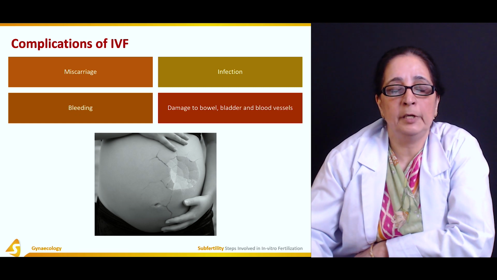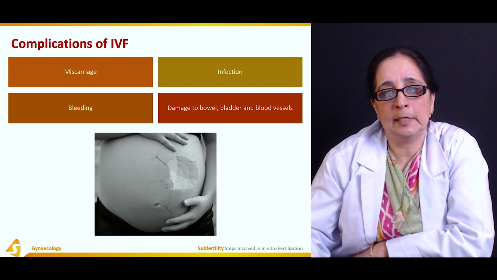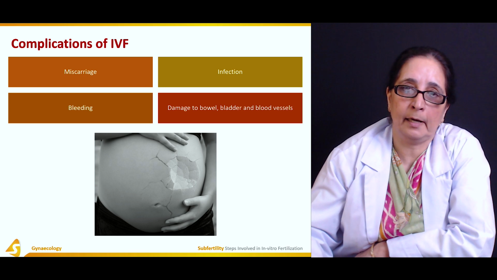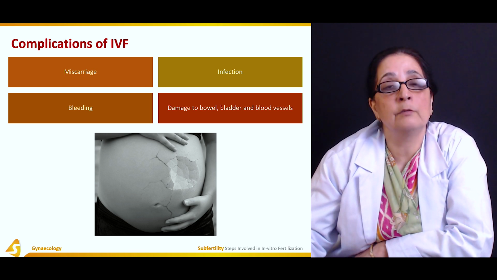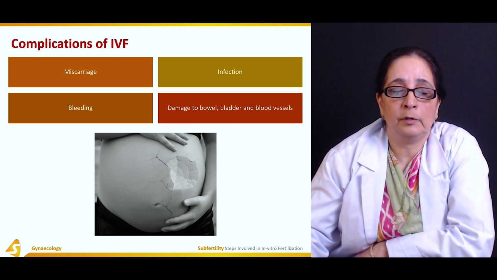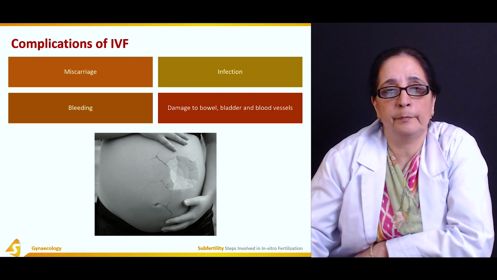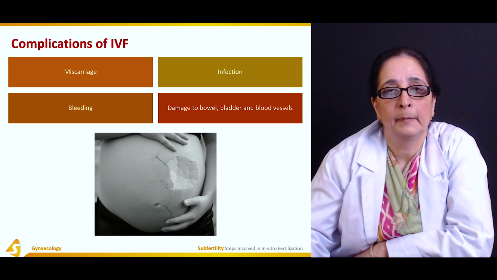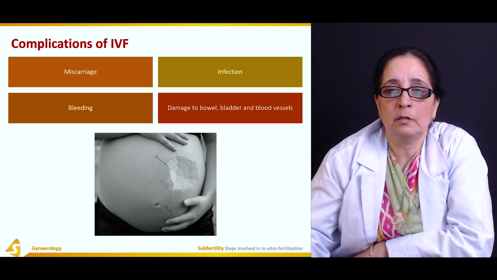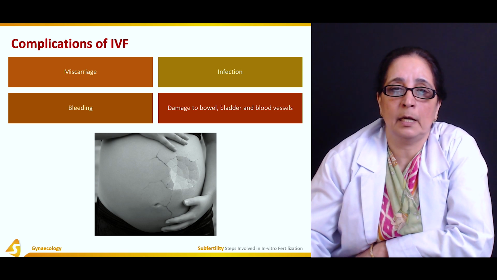A very common complication of in vitro fertilization is that miscarriage can happen. That's very unfortunate, because after all these steps, all this procedure, sometimes miscarriages happen. There might be infections with all these steps and cannulas entering, so infection can occur.